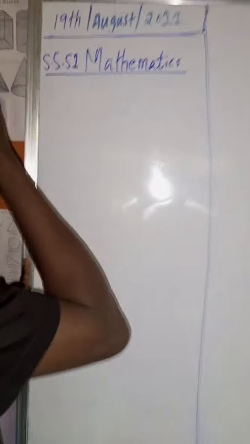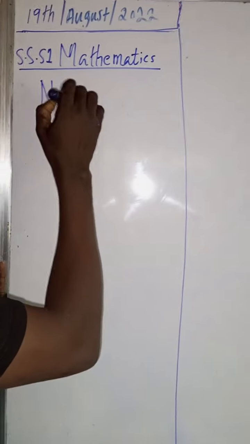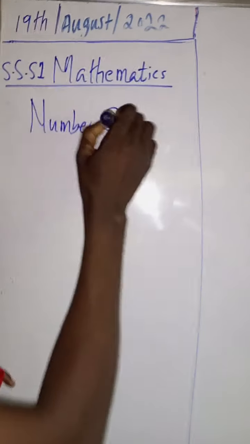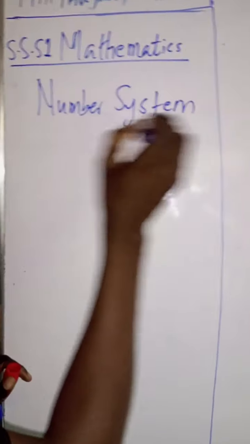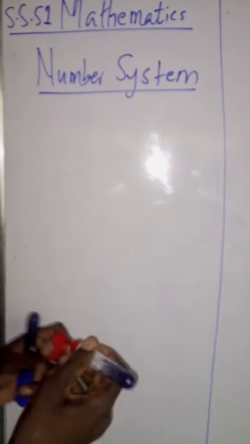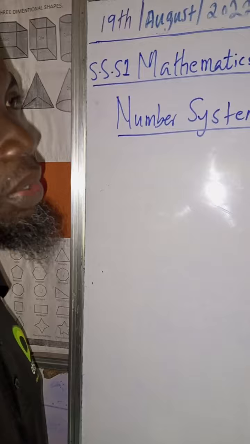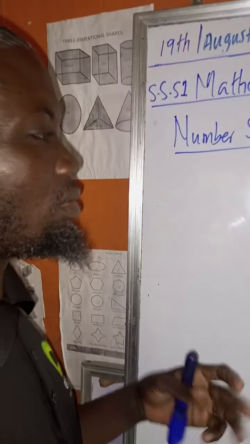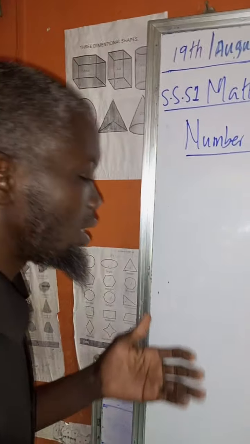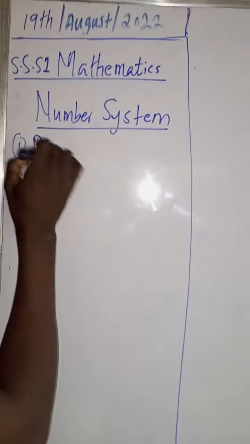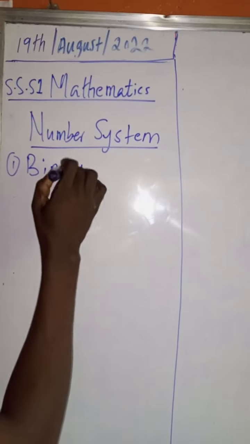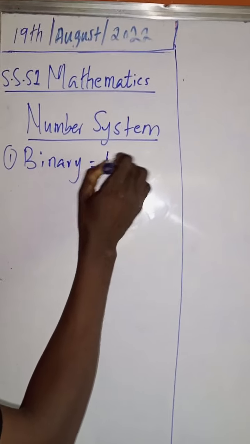And in SS1, we call it what? Number system. So number system is beyond binary. We have more than binary. Under it, that's where we have binary, that we say is base 2.